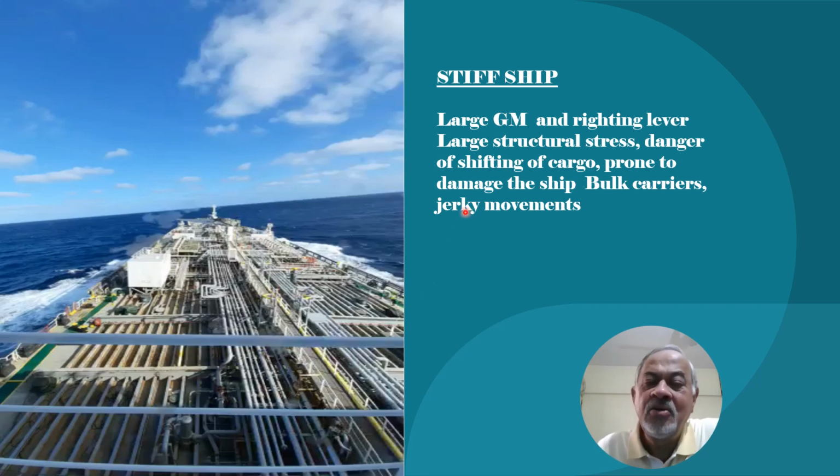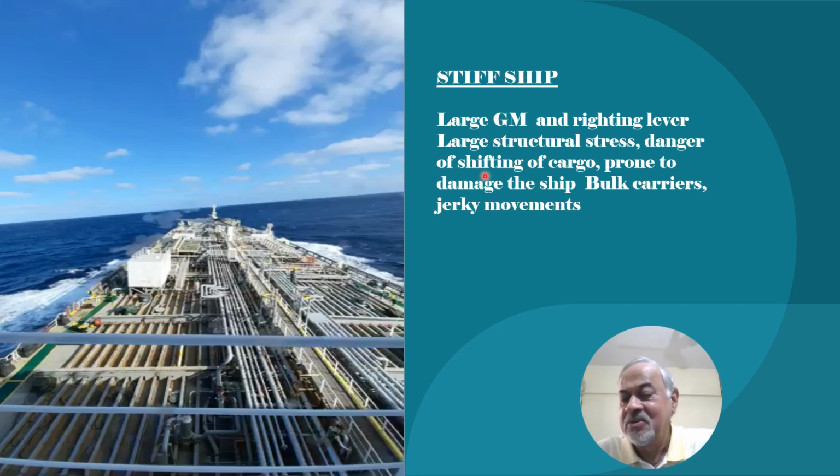Let us see what is a stiff ship. Stiff ship means the period of roll is small. Sometimes it may be 6 seconds, 7 seconds, 8 seconds, and then the ship keeps on rolling very fast. So if there is a 6 seconds period of roll, then the ship will roll 10 times in 1 minute.